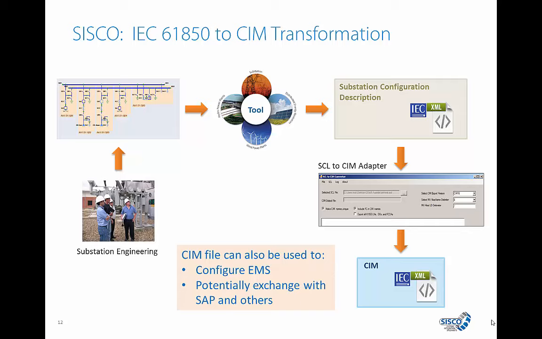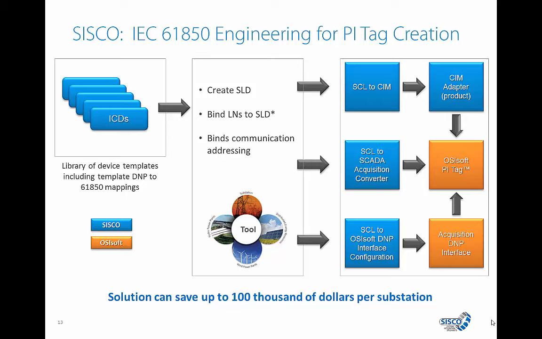The substation configuration description file is imported and a CIM file is exported, and then the CIM adapter can be used to import this into PI-AF, but additionally the file that is produced on output can be used to configure the energy management system. It can potentially be used to exchange information with other systems such as SAP.